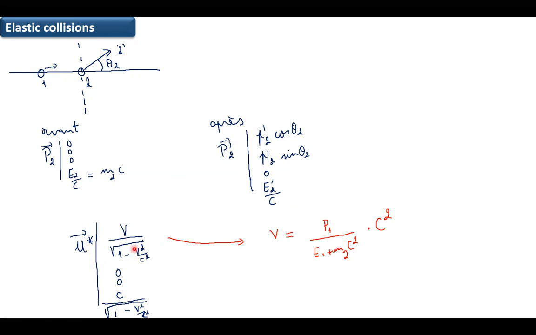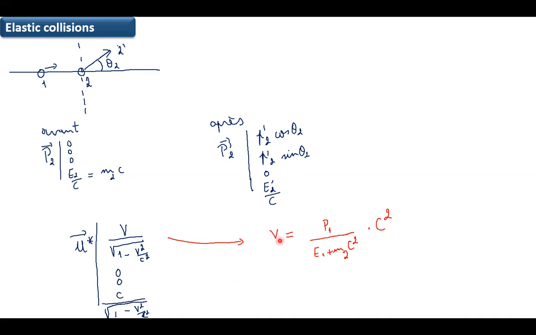And U star is the speed V of R star with respect to R over the radical of 1 minus V squared over C squared, and the time coordinate that is usually 1 over the radical of 1 minus V squared over C squared. But since we are considering C, we have a C here instead of 1.